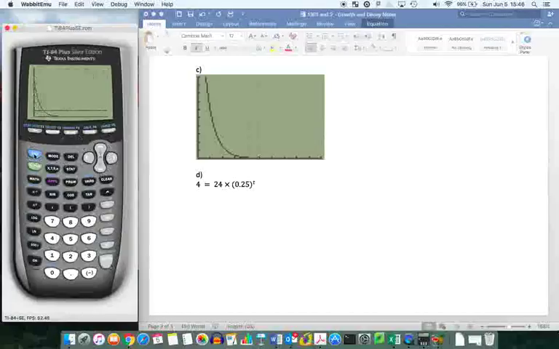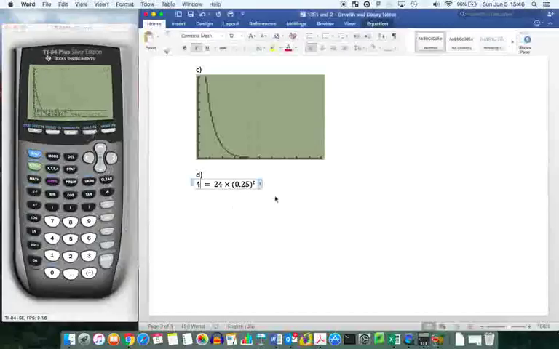So now all we need to do is go second trace, find the intersection for me please, first curve, second curve, guess. So what is that telling me?